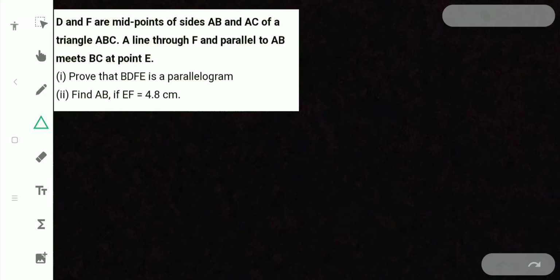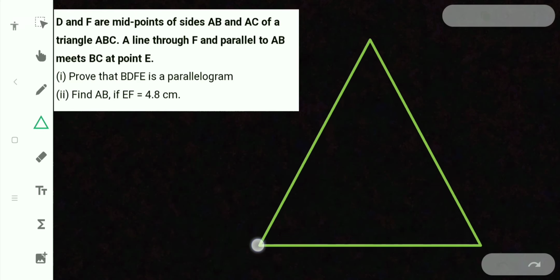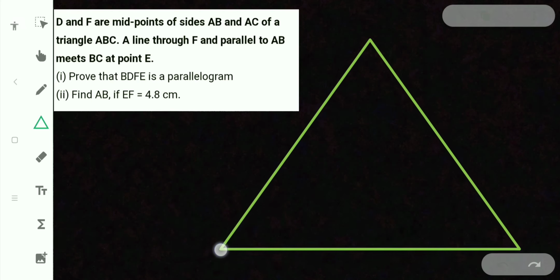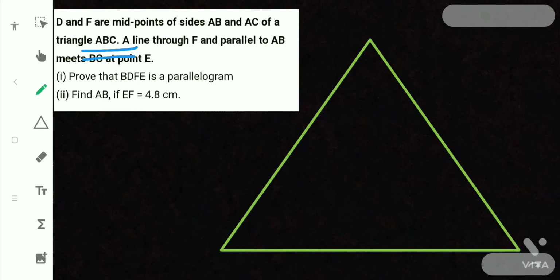I'll draw the triangle here. Now what they are asking to prove is, they said it is triangle ABC. D and F are midpoints of sides AB and AC.